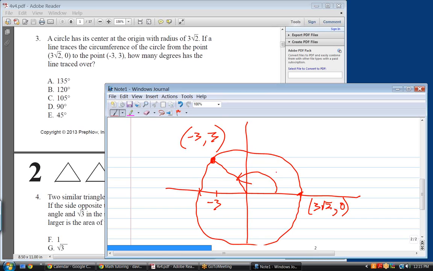To me, the way I've drawn it, now that might be accidental, it looks like it's 45 degrees more. So I would guess 135. But let's figure it out. Let me drop the vertical here. And what we have to figure out is this angle, theta. Well, that angle theta, this side of the triangle is 3. This side of the triangle is 3. What is that angle theta now?